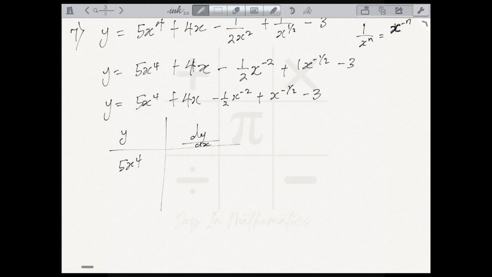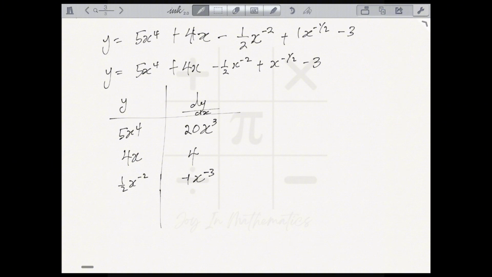5x raised to power 4. When we differentiate this, we should have 20x raised to power 4 minus 3. 4 minus 1, that's 3. If we differentiate 4x, we will have 4. If we differentiate 1 over 2 x raised to power minus 2, we will have minus 1 x raised to power minus 3.